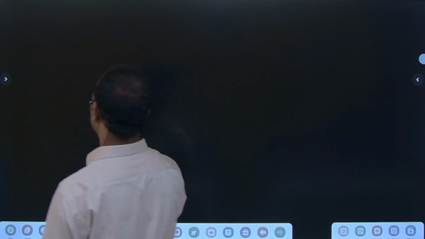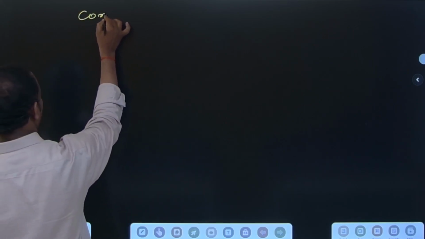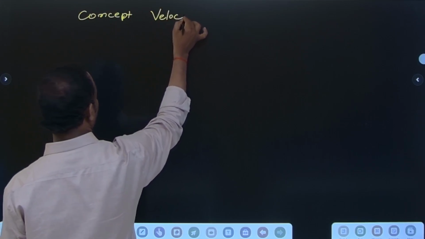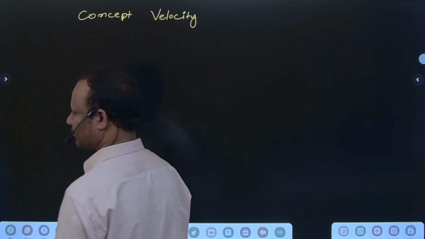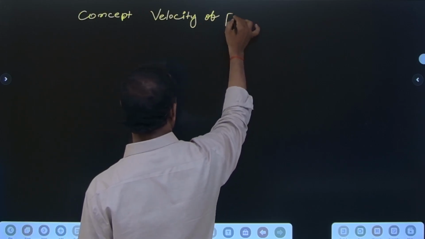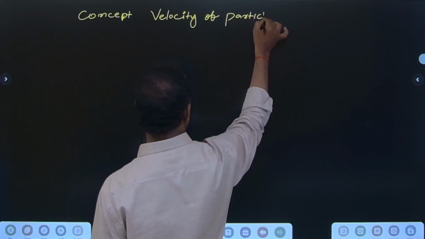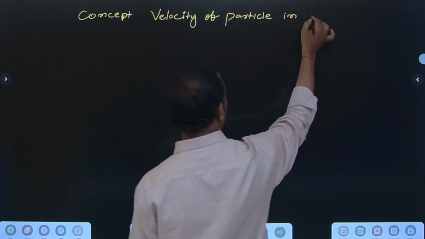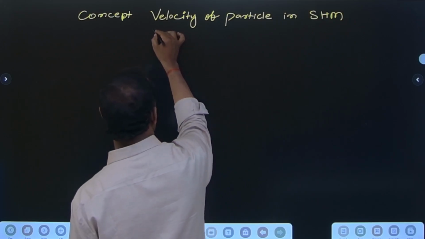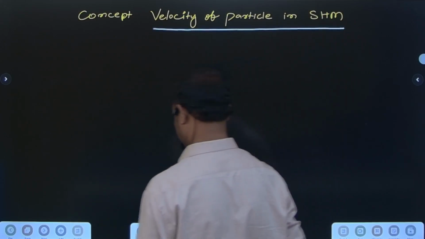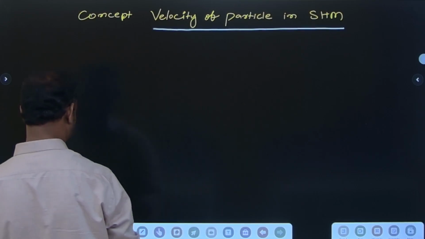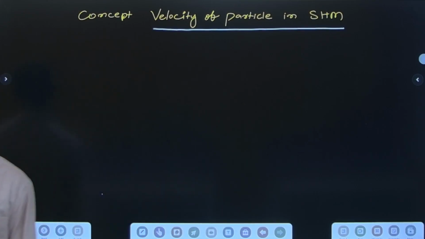So next one, concept of velocity of particle in SHM.